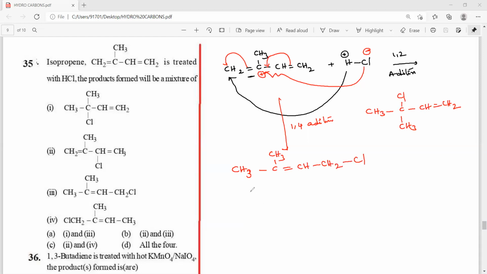So this is the 1,2 addition product, and the last one is the 1,4 addition product, the third one. So 1 and 3 are the possible products. A is correct.